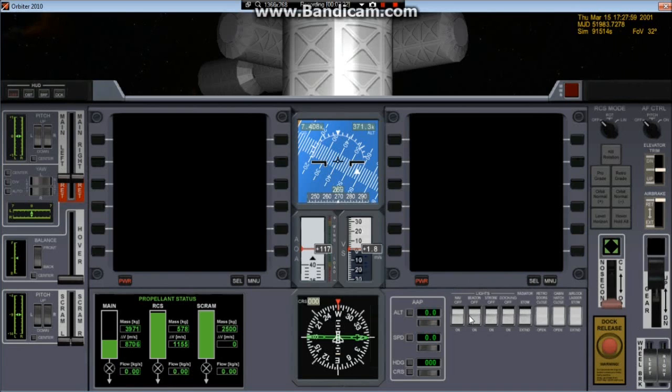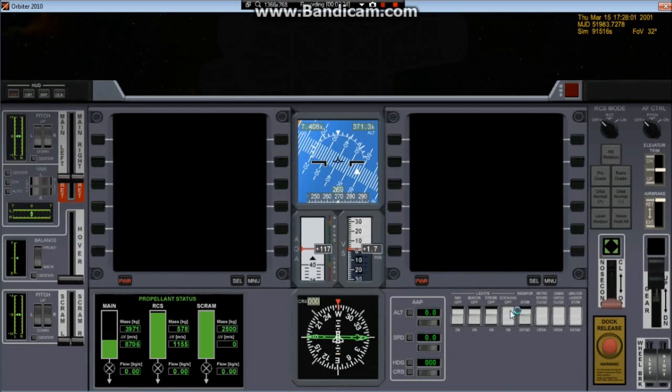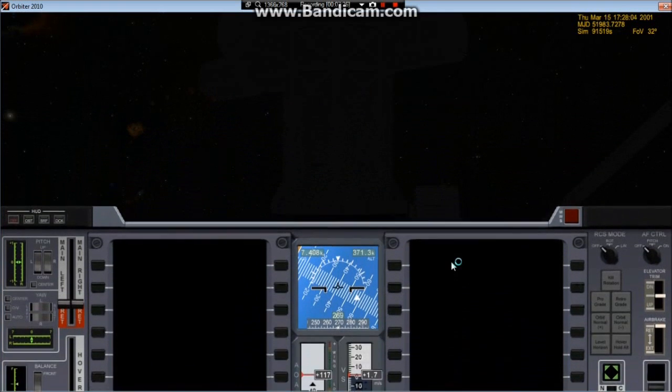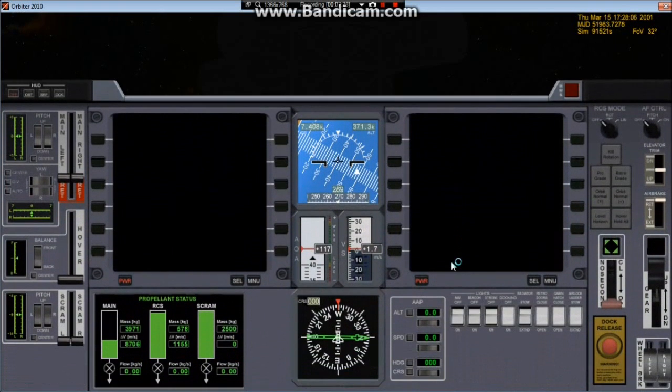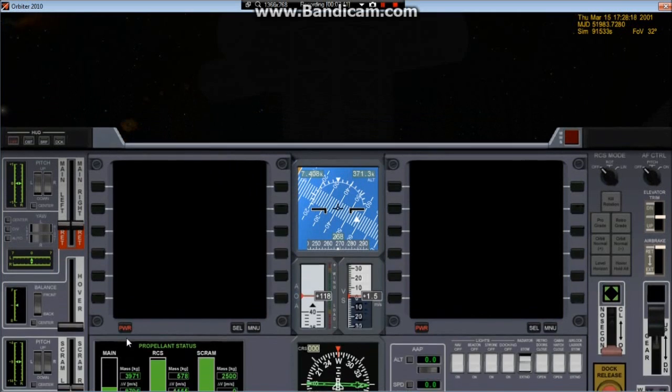Radiator stays open. Our docking light can go off now, and plunged into blackness. And we can turn all of our other lights off because the ISS doesn't have those. And you can see the remainder fuel that we have now.